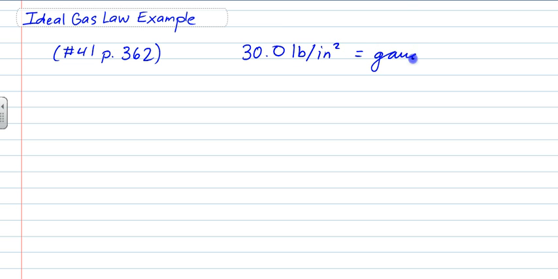So that's what they call the gauge pressure, when the temperature is 61 degrees Fahrenheit. Later in the day, the temperature rises to 100 degrees Fahrenheit. Assuming that the volume of the tire remains constant, what is the tire's pressure at the elevated temperature?